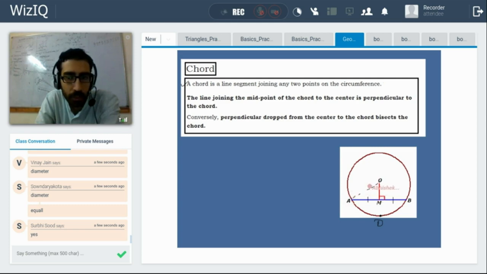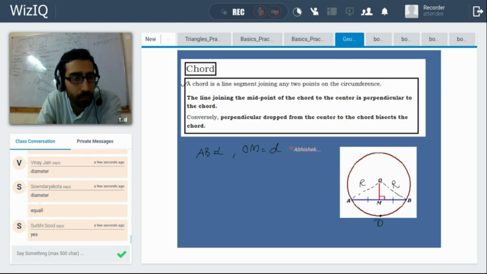This gives rise to certain types of questions. Clearly, OA is the radius. OA or OB both are radius. Let's say the length of the chord AB is L. Now, if I were to focus on triangle OAM, what is OM? OM is the distance of the chord from the center.